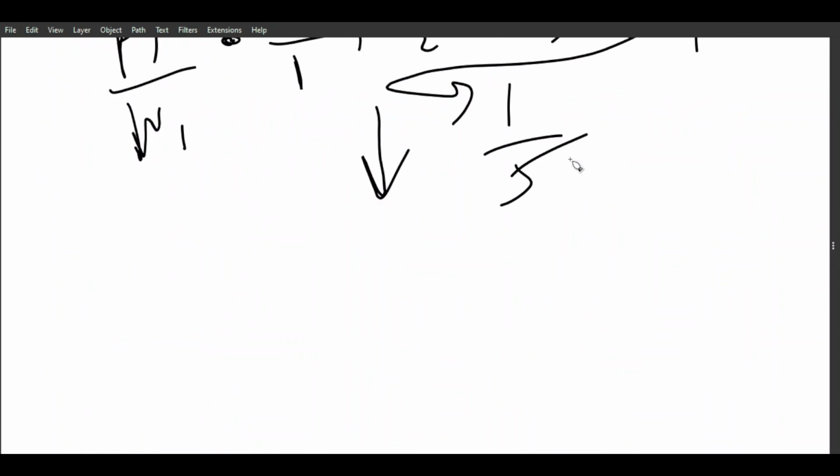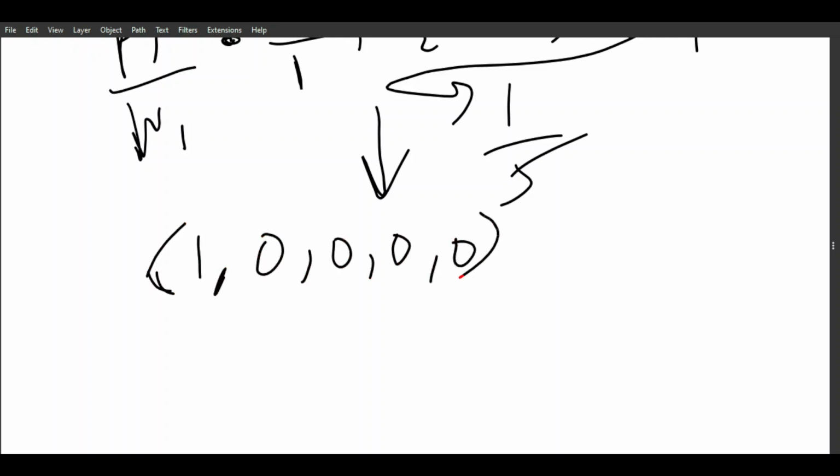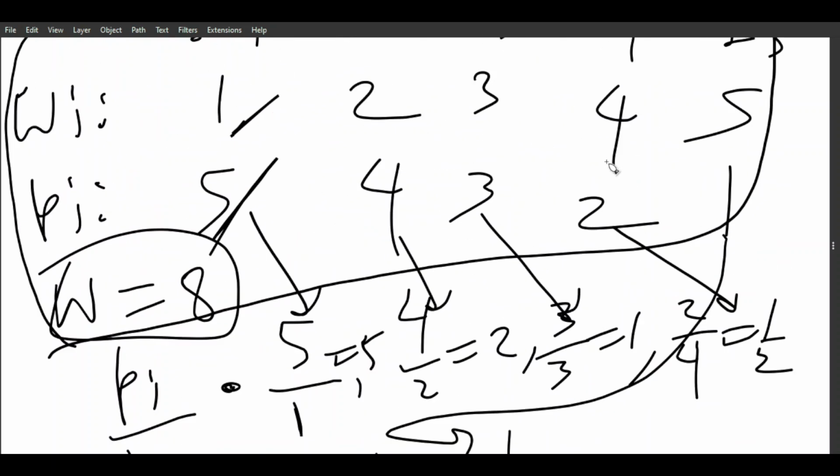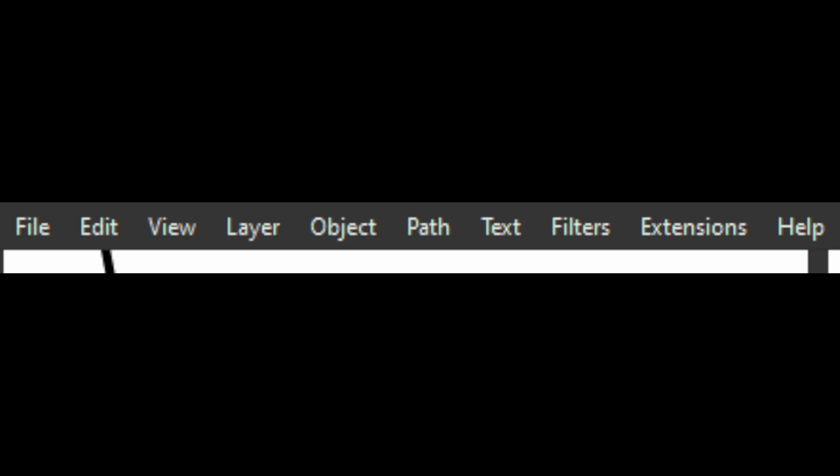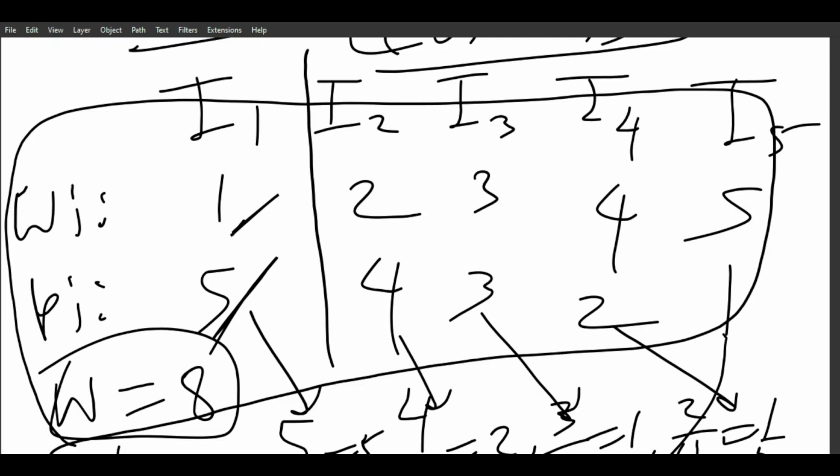Next, we take the first item, so our partial solution is 1 and 4 zeros. What is the remaining smaller subproblem that we get? The first item we have already taken, so we list the remaining items. The knapsack capacity will also decrease.